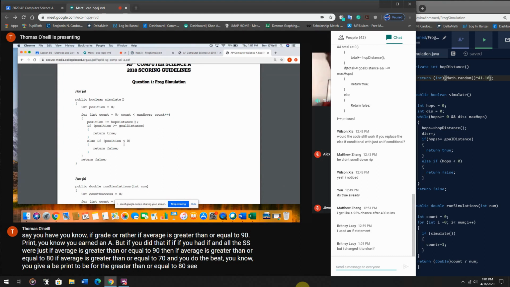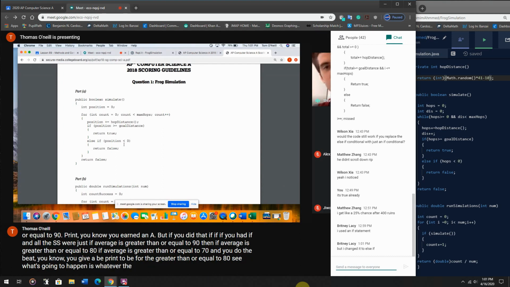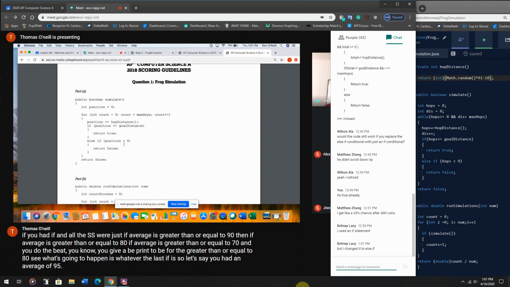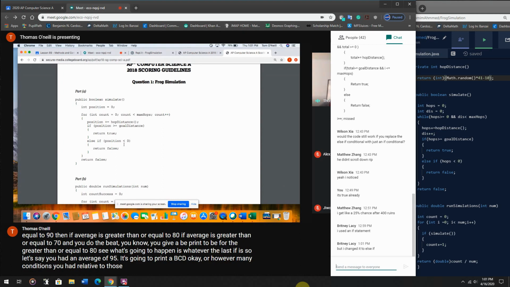See, what's going to happen is, let's say you had an average of 95, it's going to print A, B, C, D, okay, or however many conditions you had relative to those letter grades.